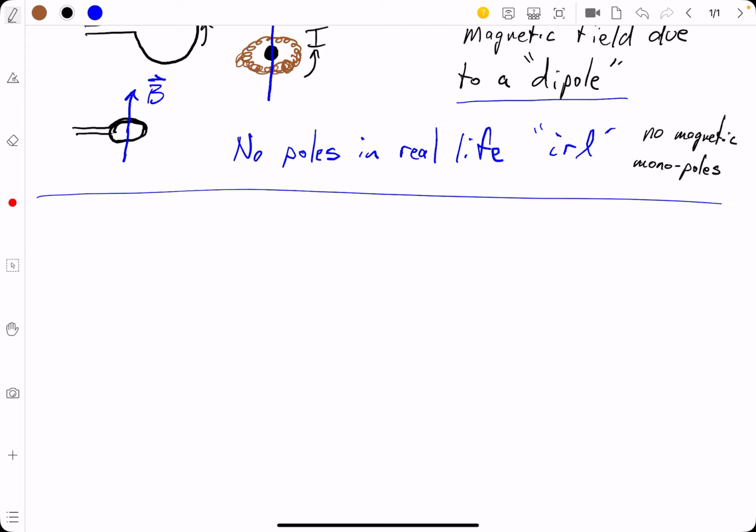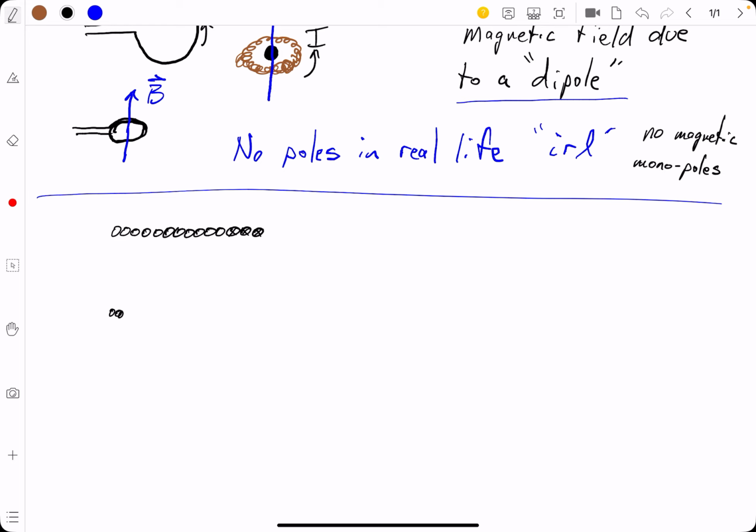So we talked about creating a uniform B field. And when we do, we create this B field like this. So we have all these, it's a coil, a solenoid, and all these guys have the current flowing into the page on that side.